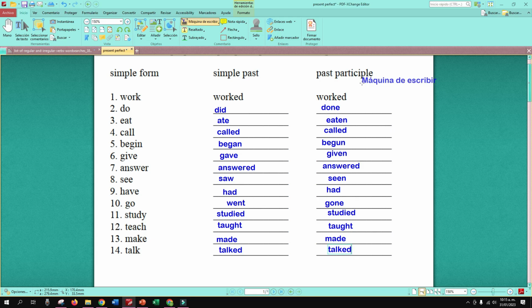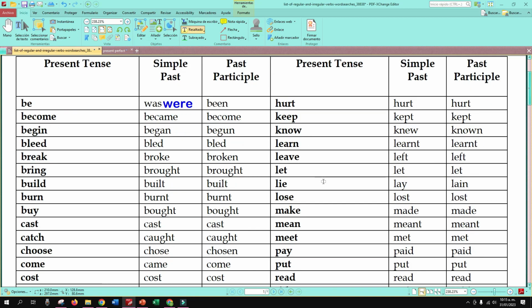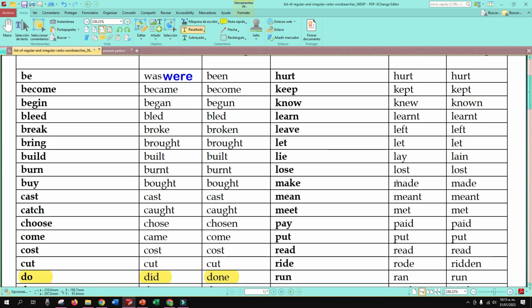That's the same, right? And talked, talked, talked, right? So I will send you the list. Don't forget that one. So we need to check here then, right? There you have make, made, made, right?